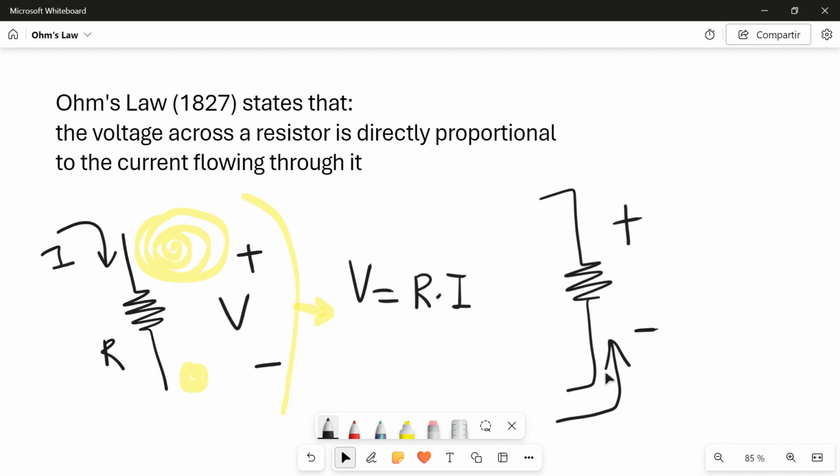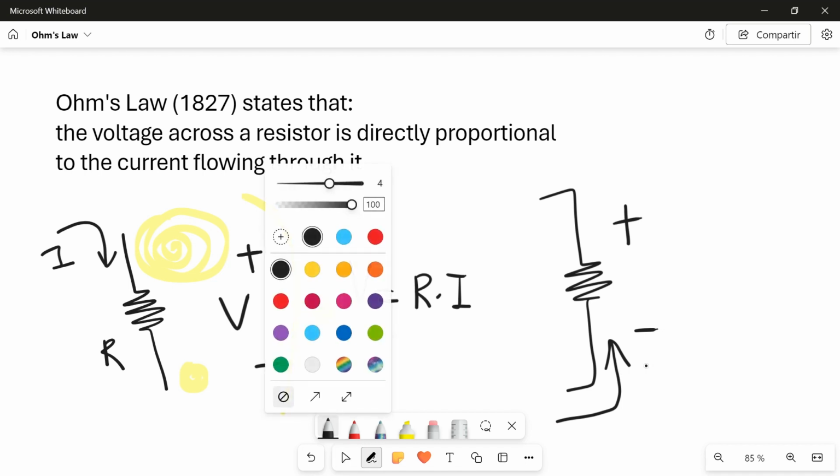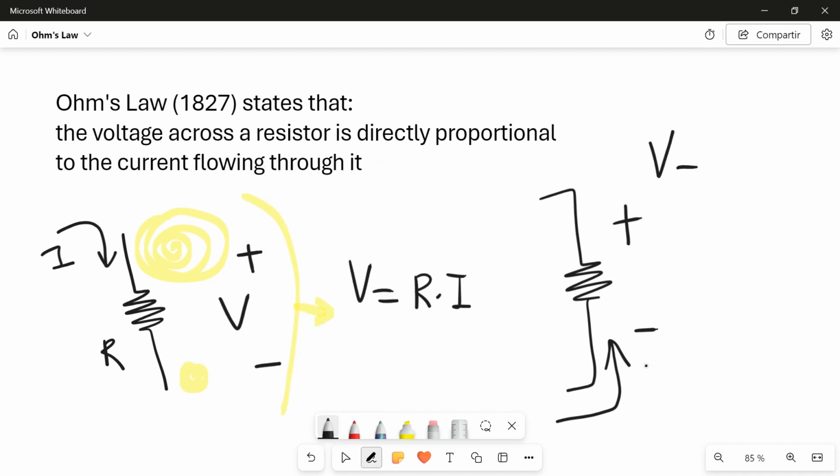So our equation will be V equals minus R times I, because V is actually a difference. A difference is not an absolute value, it's a relative difference between two points. I hope this clarifies the concept.